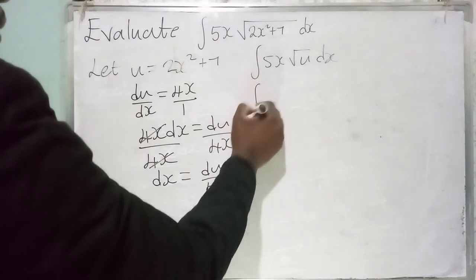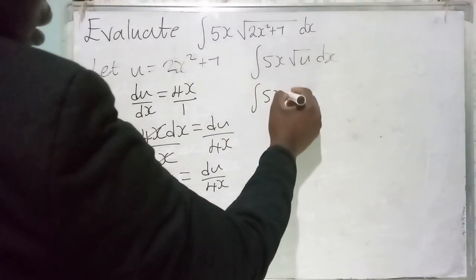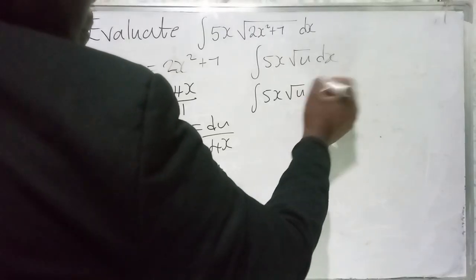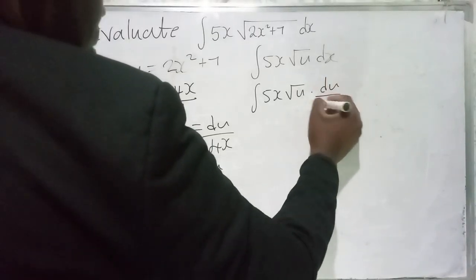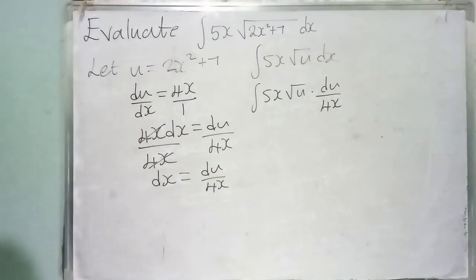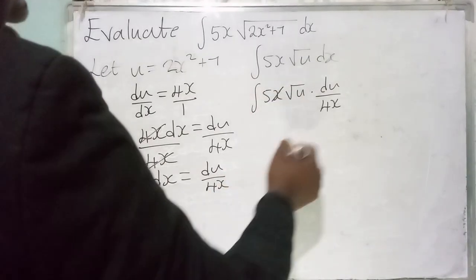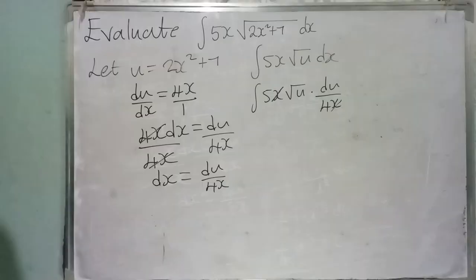So the integral of 5x times the square root of u will have du over 4x. Here we cancel what is common on the numerator and denominator, so x cancels.